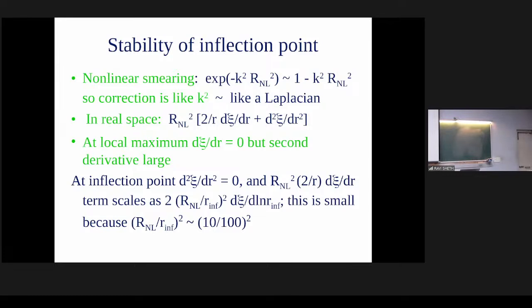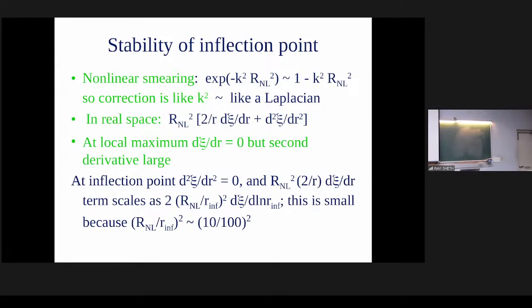So this one is now dimensionless. This is the nonlinear scale, about 7 megaparsecs, over the scale of the inflection point, which is the scale of the BAO, 104 megaparsecs. So this is like 7 over 100 megaparsecs squared. This is a small correction, and that's why the inflection point only gets a small correction.